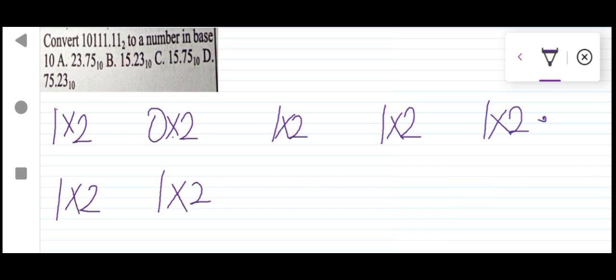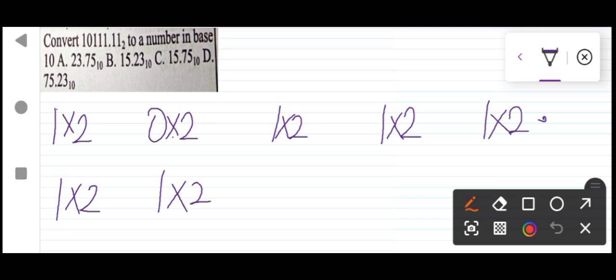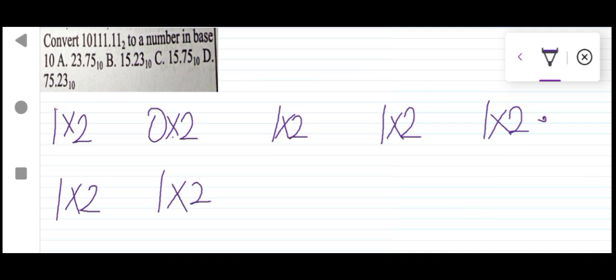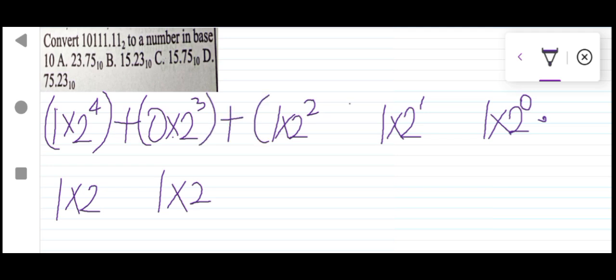So those ones that are whole numbers are all these values right here. So what we do now is we start with the whole number, 0 as the power, 1, 2, 3, and 4. Then let's add brackets to avoid confusion.